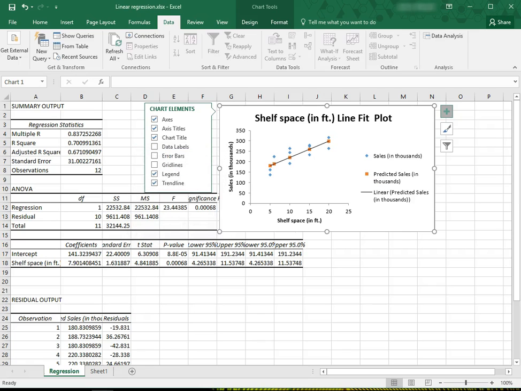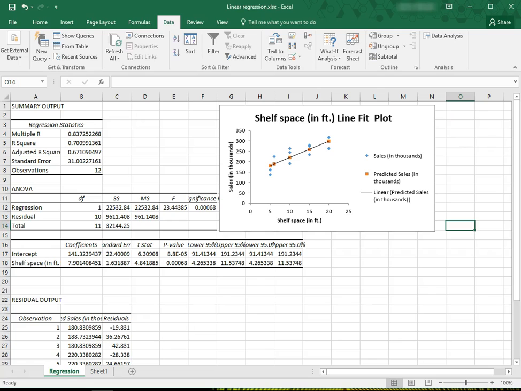When we click OK, a line of fit is drawn through the orange boxes, which again are the predicted sales. So we can see even more clearly now that there is an upward trend in the data. This means that as shelf space in feet increases, so do the sales in thousands. So more shelf space is related to higher sales.